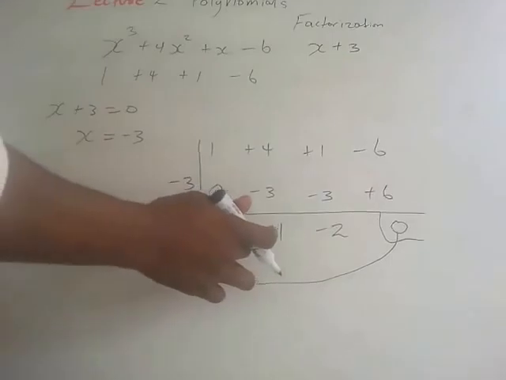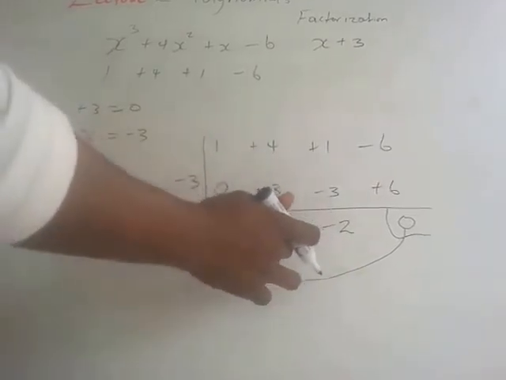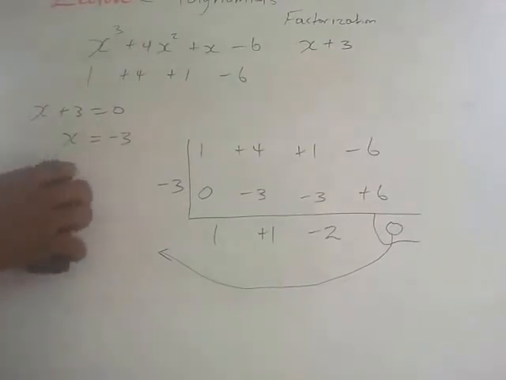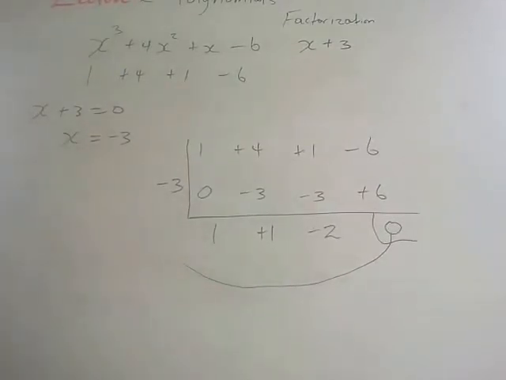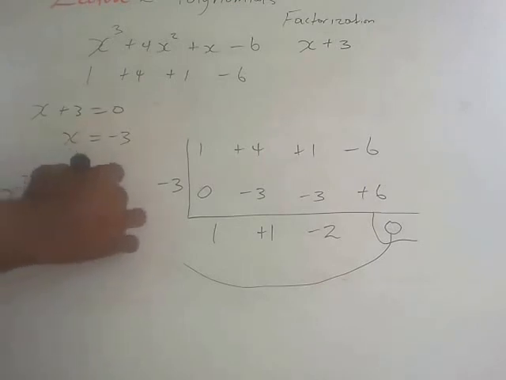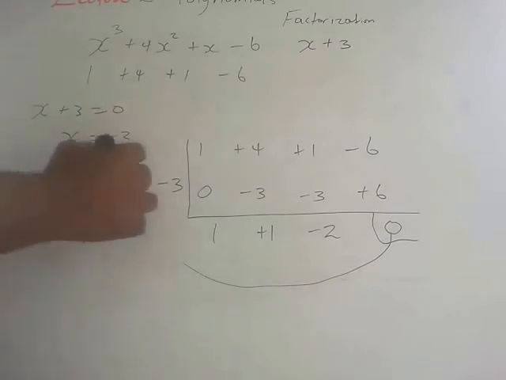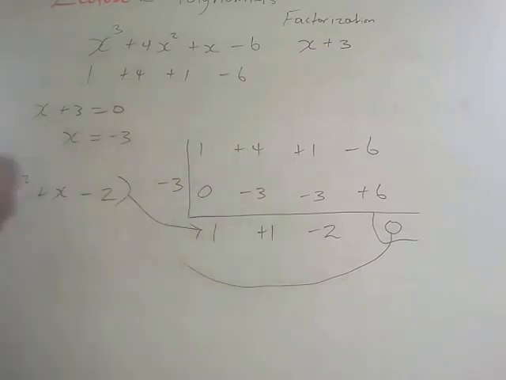And these, 1, 1 and minus 2, are the coefficients of the quadratic that we are expecting, which is x squared plus x minus 2. So this is the quadratic.